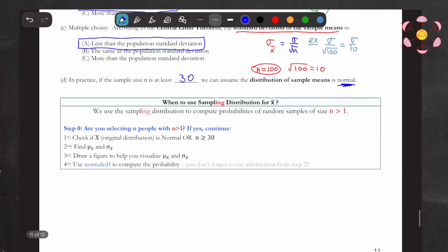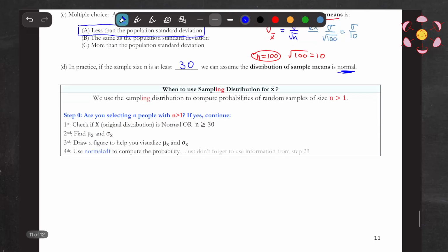So just to wrap up, when do we use the central limit theorem? The key here is when we're dealing with samples bigger than 1. And of course, this is just reminding you, we have to check our requirements. Check if the distribution is normal or the sample size is greater than 30.